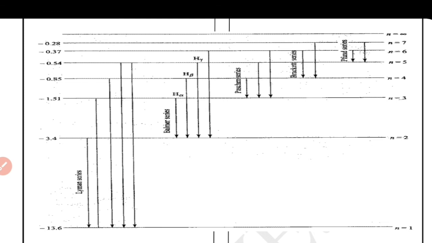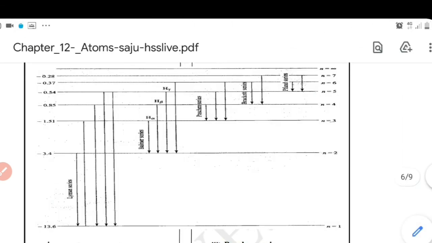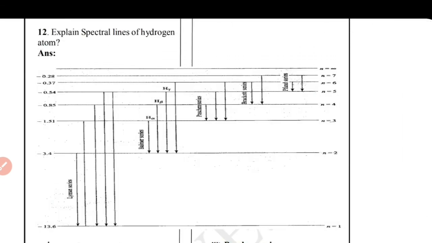And in a spectral series, the longest wavelength we obtain is when the transition is made from just the nearer energy level. That means in Lyman series, the longest wavelength is obtained by a transition from n equal to 2 to n equal to 1. In Balmer, the longest wavelength corresponds to transition from n equal to 3 to n equal to 2.